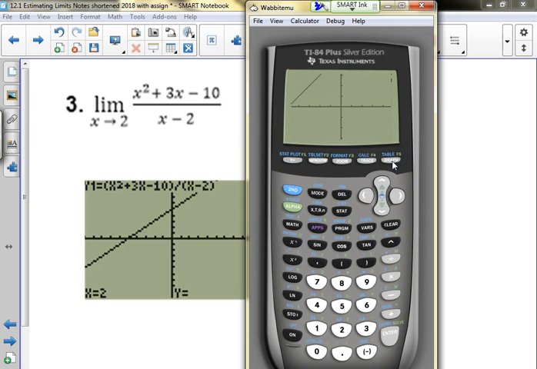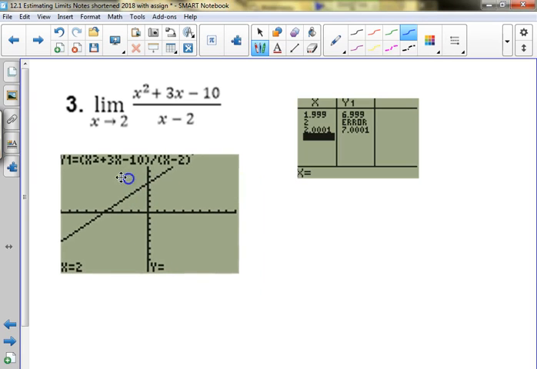Okay, wants to know what's happening at 2. My graph just shows a line. But if I trace at 2, it's undefined. Do you have parentheses around the top and around the bottom? You have to. This is how you have to have it typed in.